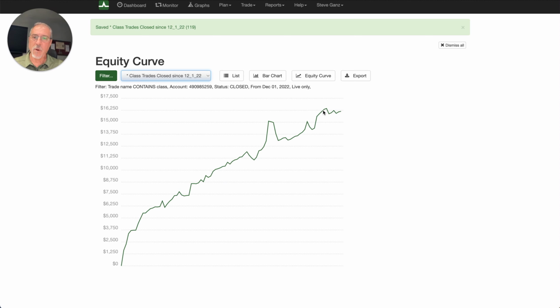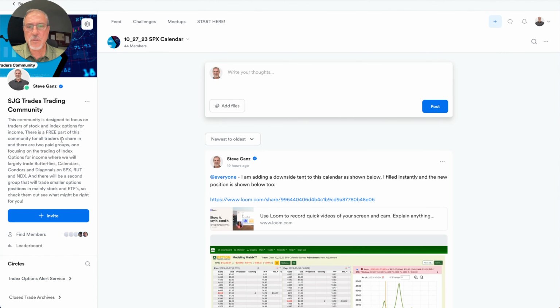Now, not only do students in this course get my current live trades, and I'll show you an example of what that group looks like here. So this is what the trading community looks like, and you'll see on the left side here that I have 2 key things, 2 circles.